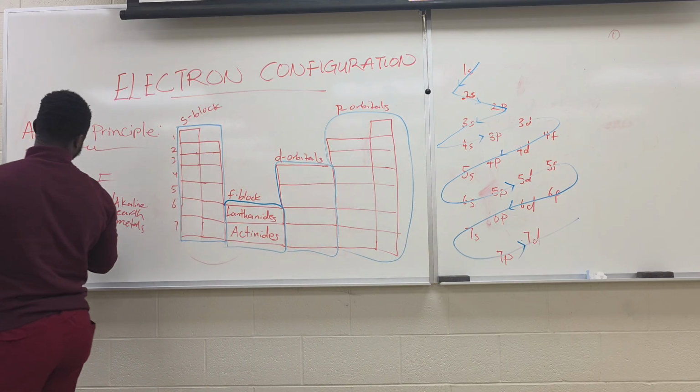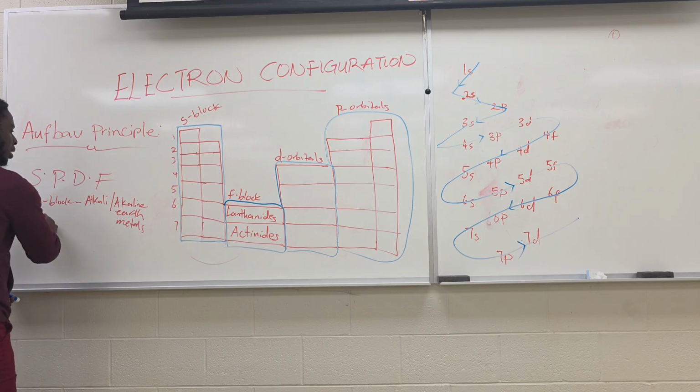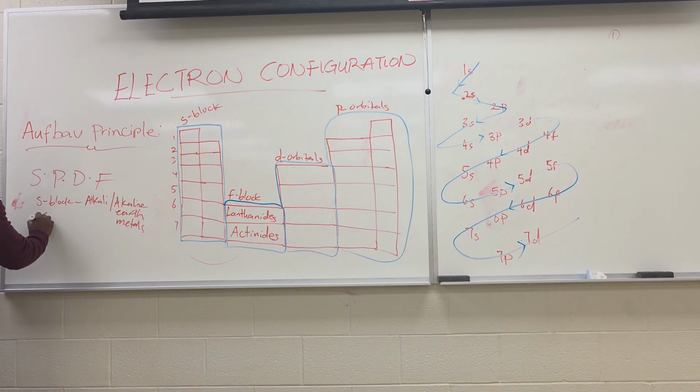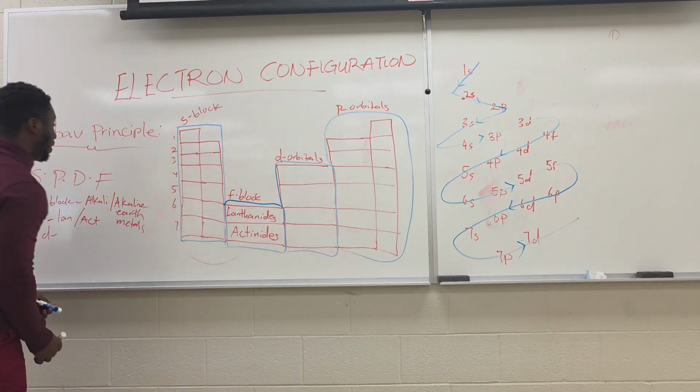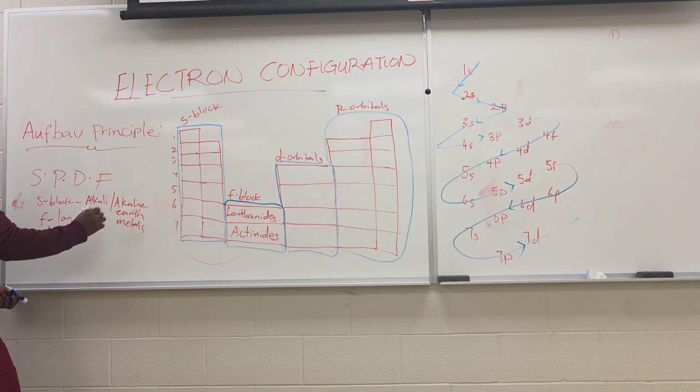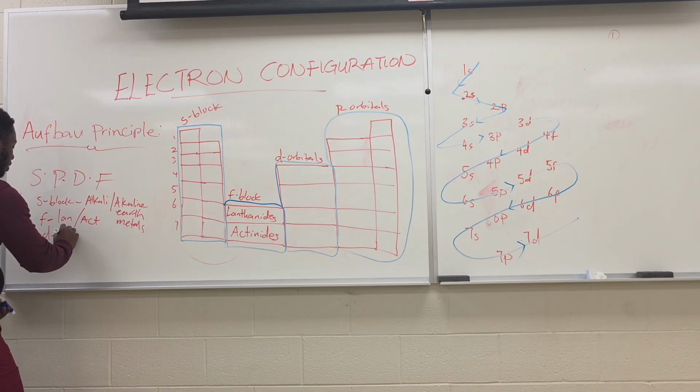So the S block is the alkali metals. The F block is the lanthanides, I'll just say lan/actinides, right? And the D block is block, not orbitals, but it's fine. The D block is our transition elements or our transitional metals.